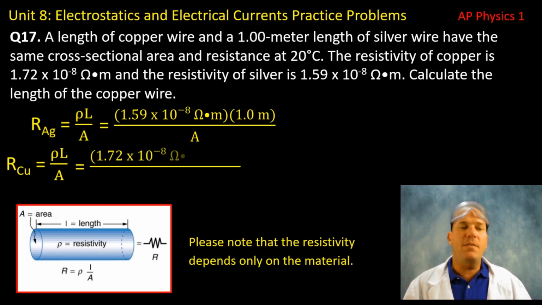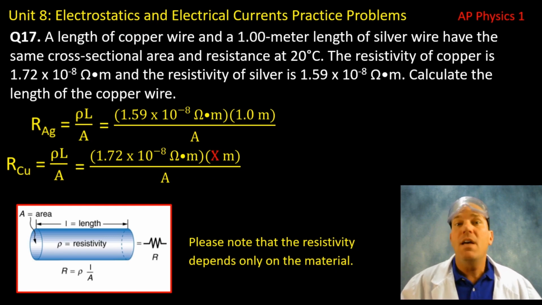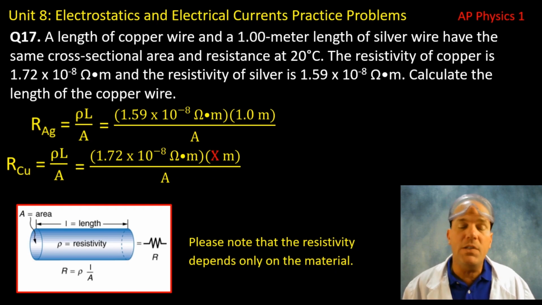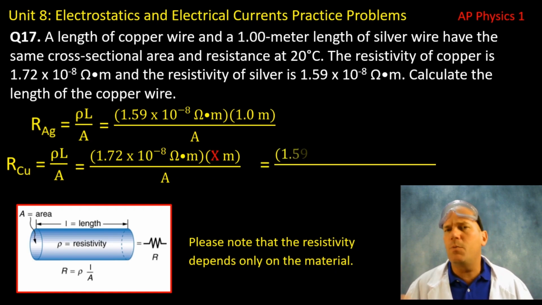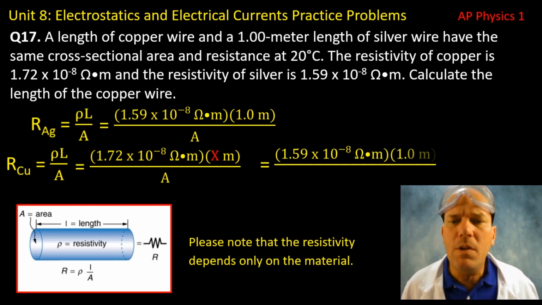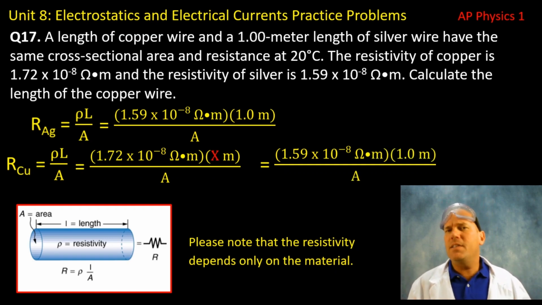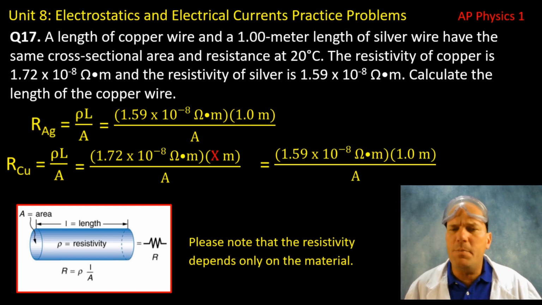The resistance of copper is equal to the resistivity multiplied by some unknown length, so call it X meters, divided by that same constant A. Well, now we have these two expressions, so we can really just set them equal to one another. And that's exactly the way you want to solve this problem.